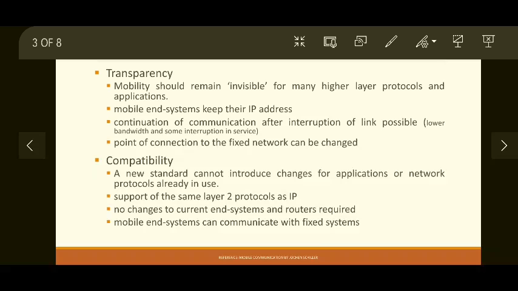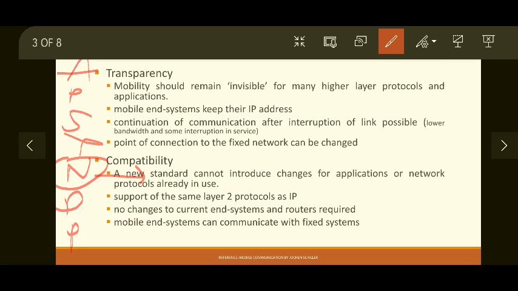Again, if you consider the higher layer protocols: physical, data link, network, transport, session, presentation and application. As we have seen, TCP semantics have to be maintained, so mobility happening at the network layer should remain invisible to the transport layer and other higher layers.